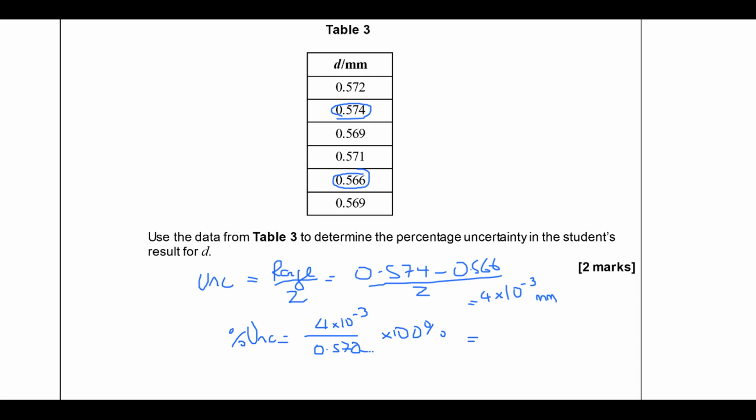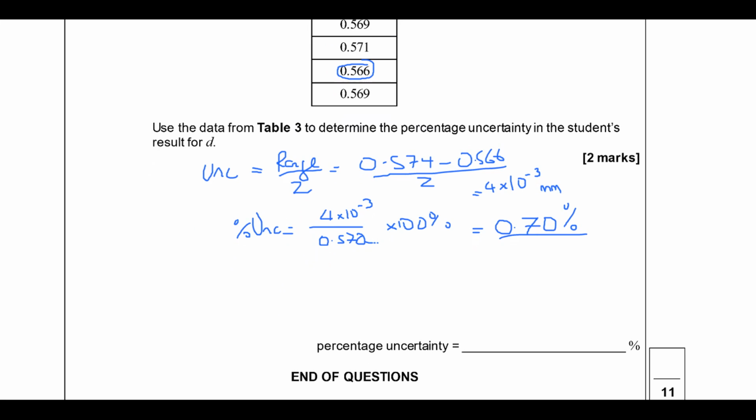That gives you 0.70%, giving it to 2 significant figures, because that's what we always do for percentage uncertainties.